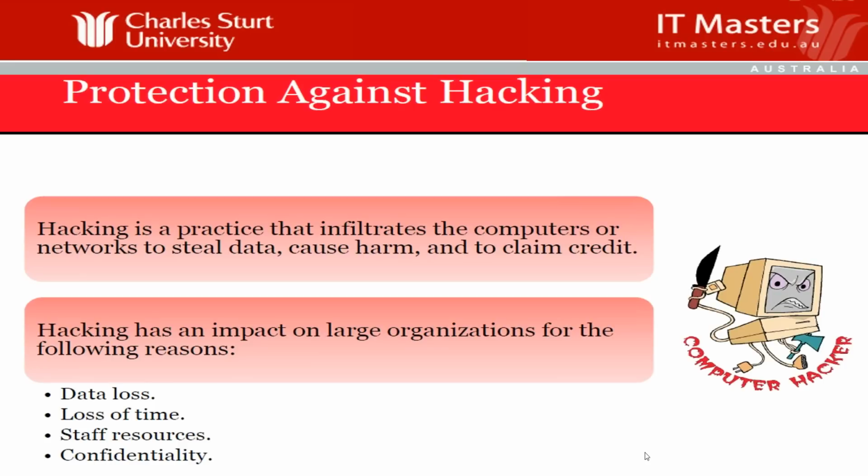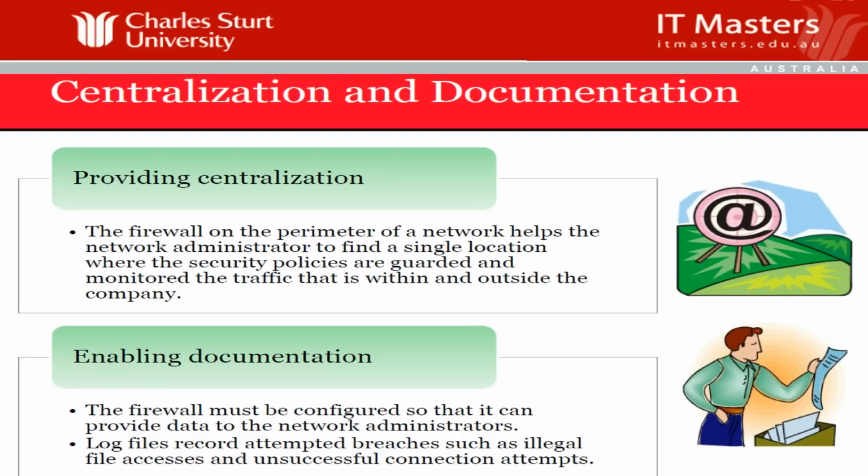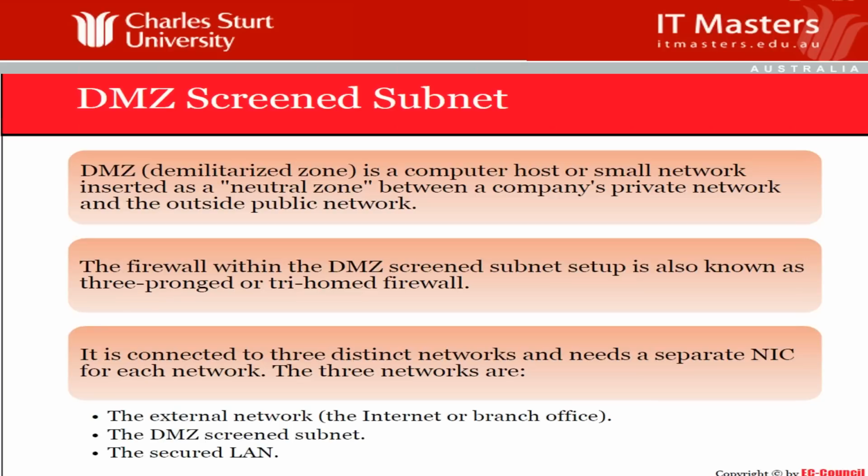So it's important to centralize your firewall and enable documentation. Why? You should be able to see what is going on in your network. I'm pretty sure most of you have heard of the demilitarized zone, which we call DMZ. Basically, it's a zone where you place your internet-facing computers, such as your Edge Exchange server, your IIS or Apache server, or your web application server.